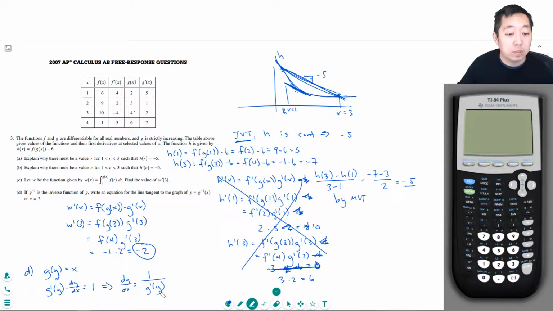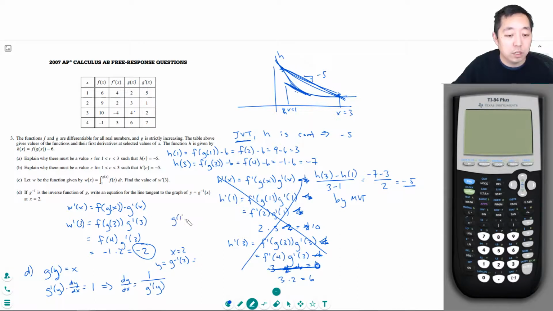Okay. Now, when x equals 2, y is equal to g inverse of 2. So I want to know what value y is. See, g of 1 is 2.